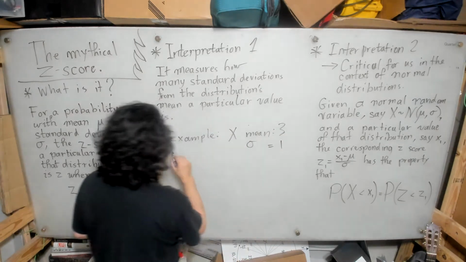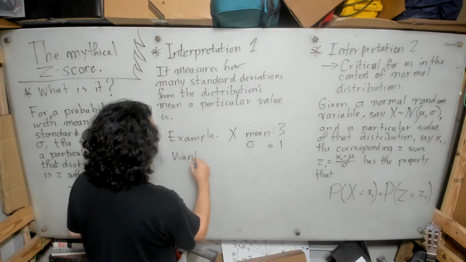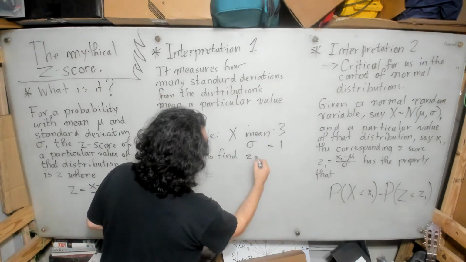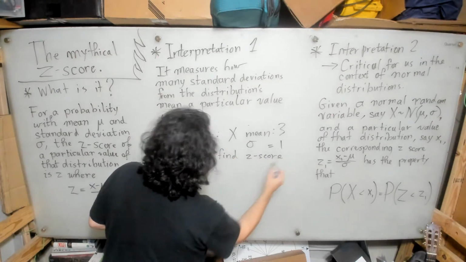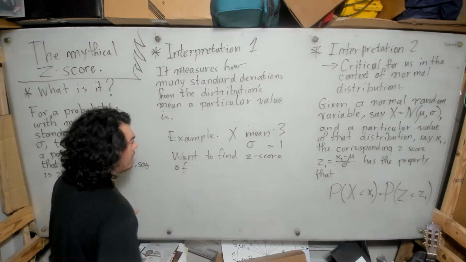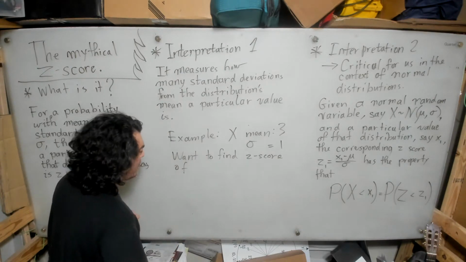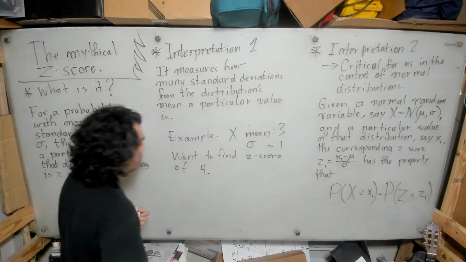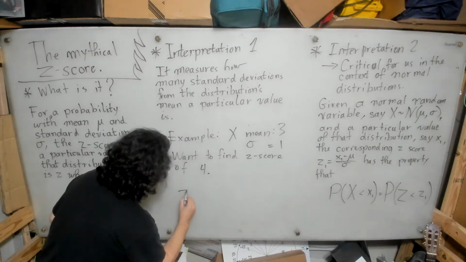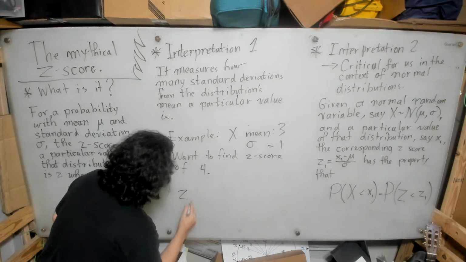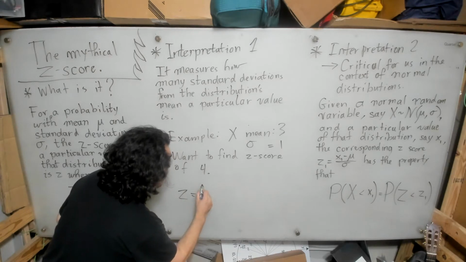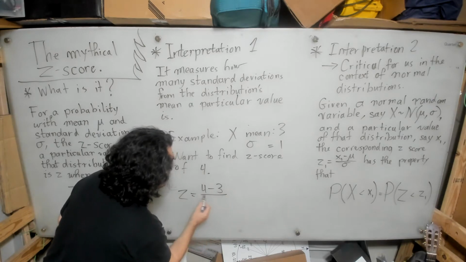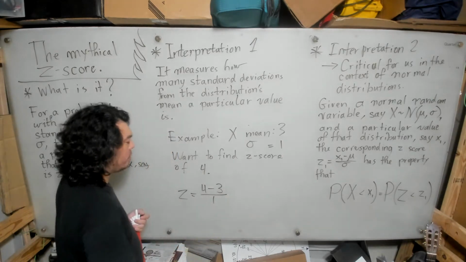And I want to find and interpret the z-score of, let's say, 4, for example. Okay? So how would I do this? So the z-score of 4 would be 4 minus mu, which is 3, over sigma, which is 1.